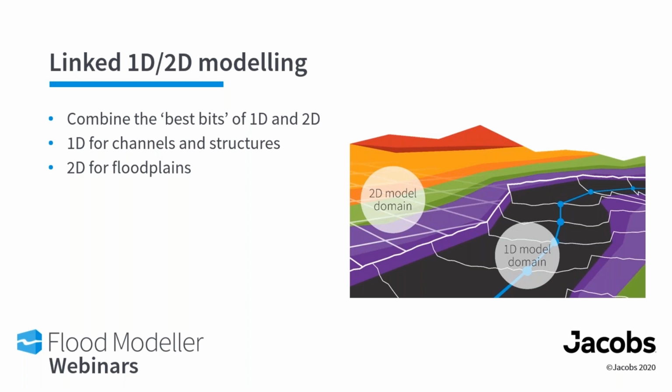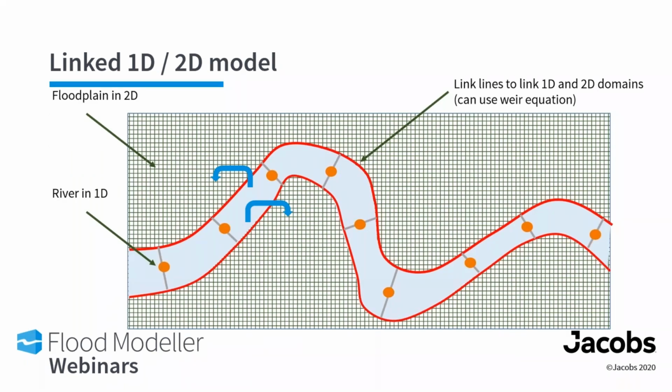So it's using a 1D model for the channel and for some of these point features, and using a 2D approach on the floodplain. So going back to my sort of noddy plan view of a river going across a floodplain. As you can see here, we've got the cross sections within the channel representing things in 1D, and then on the floodplain we've got our grid, and we're doing 2D modeling on the floodplain.